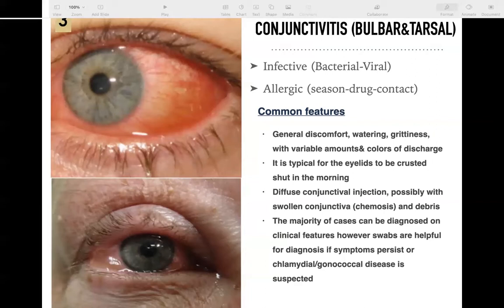The majority of cases can be diagnosed on clinical features by the common presentation and leading signs. But to take a swab from the conjunctival sacs to be examined by smear, also by other lab tests to know the pathogen, could be helpful if symptoms persist in spite of treatment, or if you suspect chlamydial or gonococcal infection.